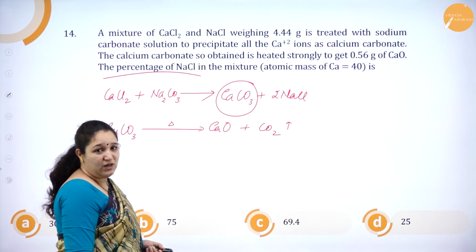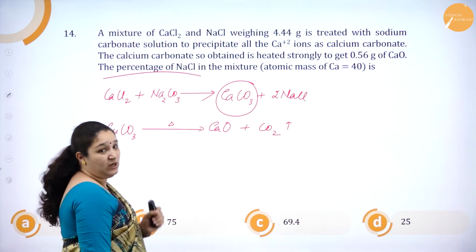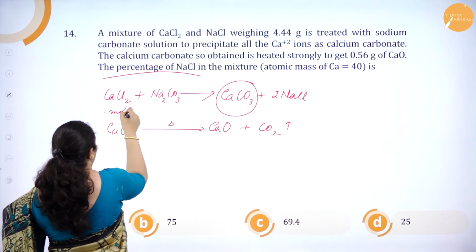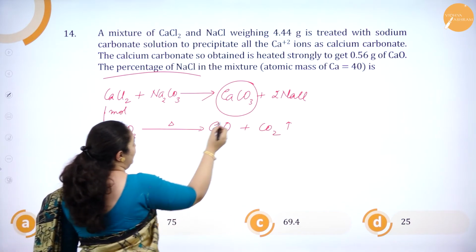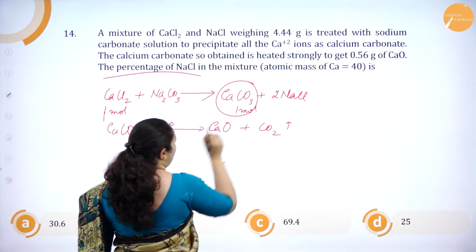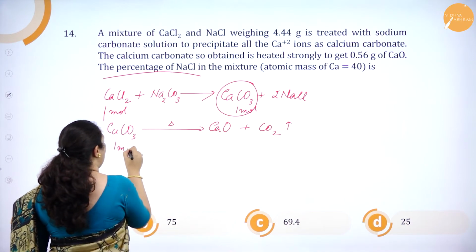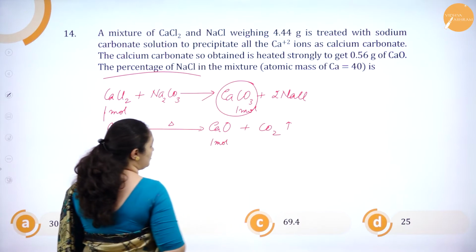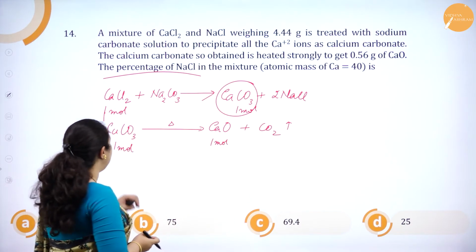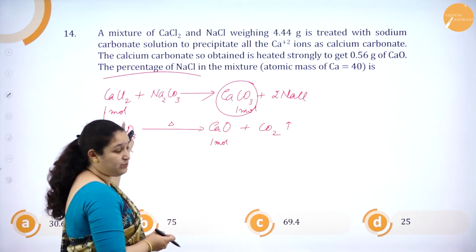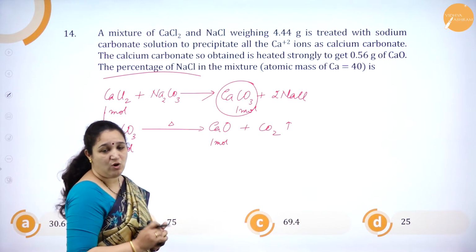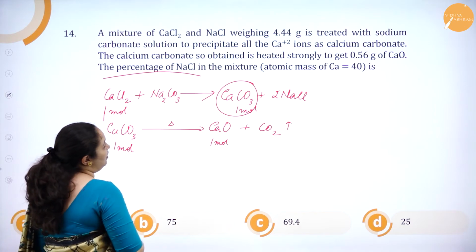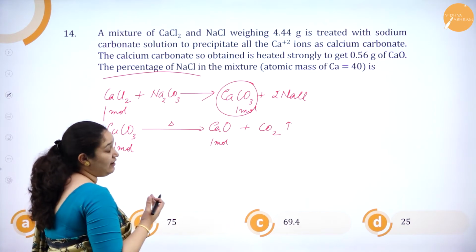Now, if we observe this equation, when I take 1 mole of calcium chloride, I get 1 mole of calcium carbonate. 1 mole of calcium carbonate gives 1 mole of calcium oxide. So I can tell directly that if I have 1 mole of calcium chloride, I'll get 1 mole of calcium oxide. Correct?